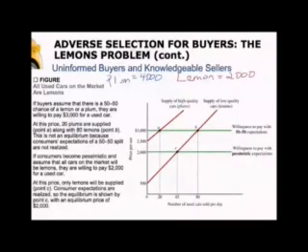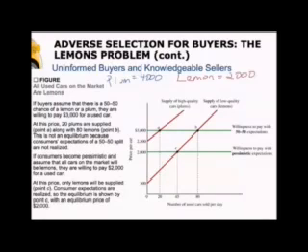Now, what do we see in the market? Here's the supply curve for lemons, or low-quality cars. Here's the supply curve for plums, or high-quality cars. For plums the supply curve is higher up because they're worth more, and so suppliers are going to require a higher price for a plum than for a lemon. Now, the difficulty is we don't know what plums and lemons are.